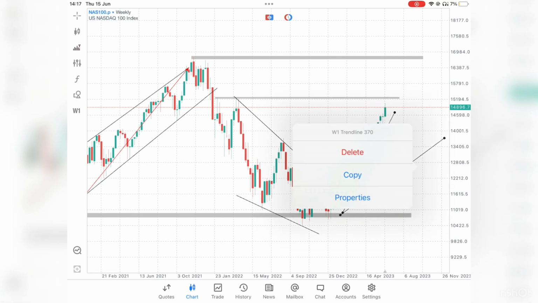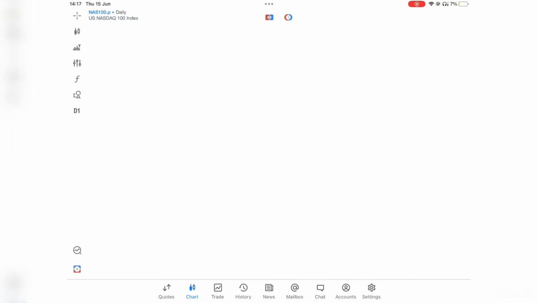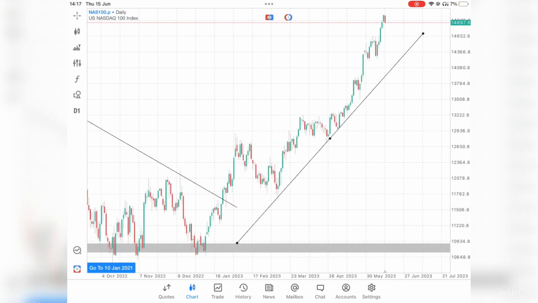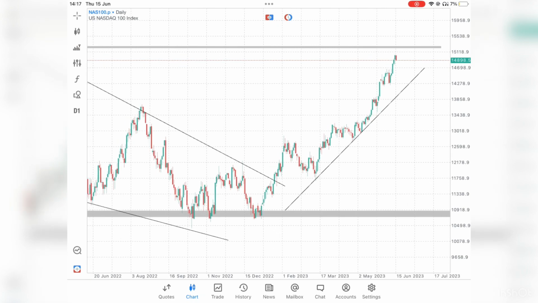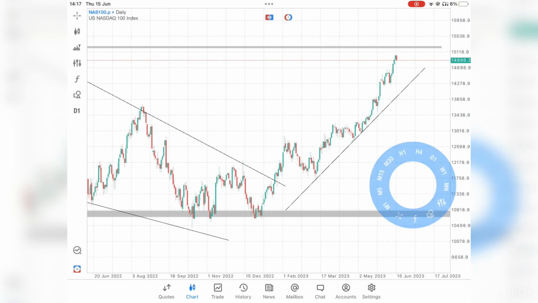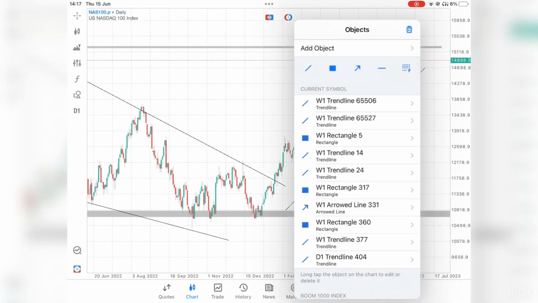So this is an indication that we are in an uptrend, having higher lows and higher highs. So obviously you use trend lines to identify those higher lows and higher highs. In this video, I'm not gonna be identifying the higher highs, just the higher lows.